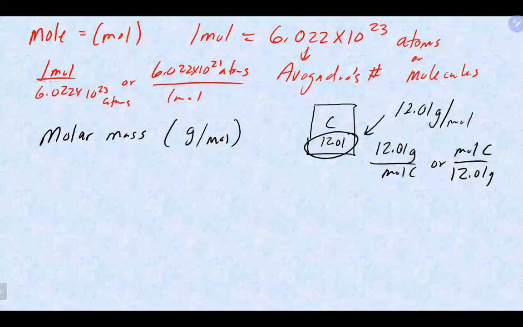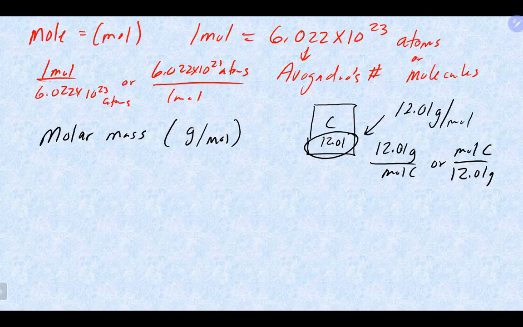We also can apply molar mass to molecules as well. If you have something that's a molecule, you just add up all the parts to it. So if you had something like C2H4, we would go to the periodic table. We have carbon. We would also look up hydrogen there and see the number on the bottom. And we would just add all the parts together.